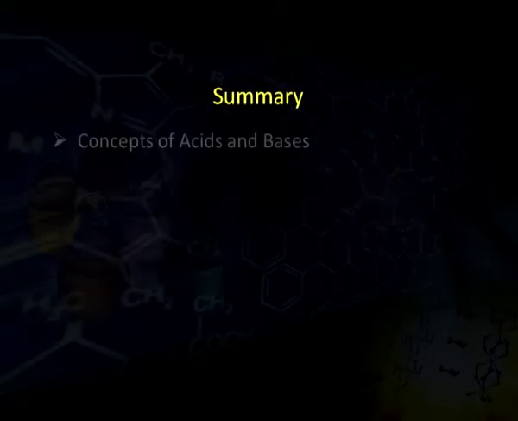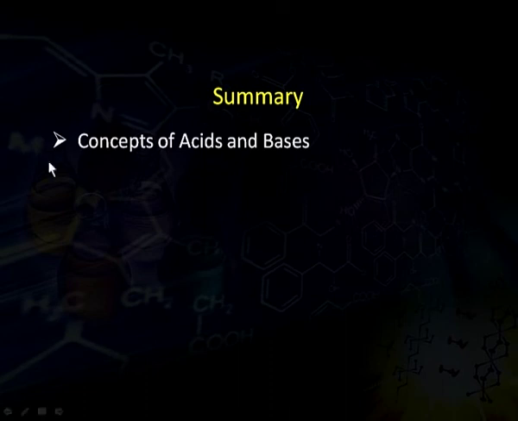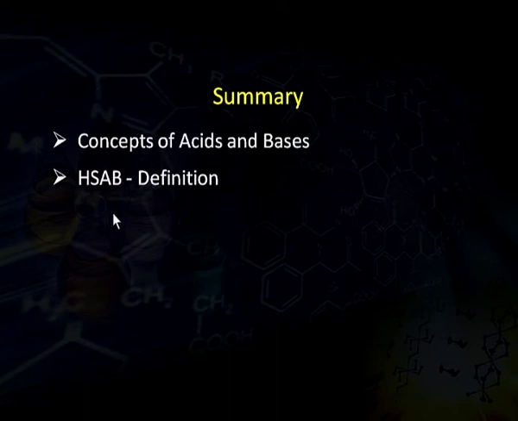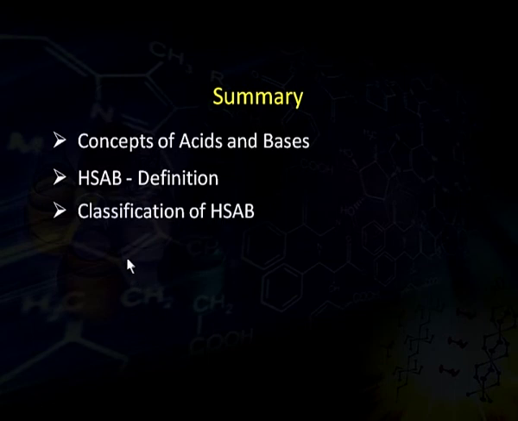Now, coming on to the summary of my talk. Today in my lecture, I have covered the different concepts of acids and bases. Apart from that, I have described the definition of hard and soft acids and bases. We have also seen the classification of hard and soft acids and bases, and we have also classified acids and bases in the borderline category.